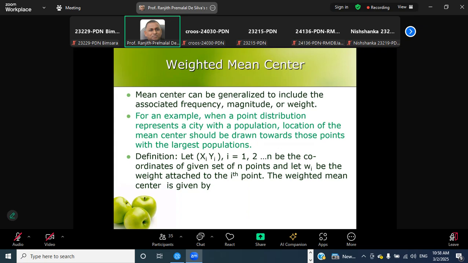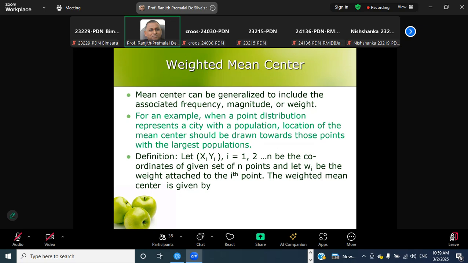Weighted mean center, which is associated with whatever frequency, magnitude, or weight that you have for each point. For example, when the point distribution represents cities with populations, the location of the mean center should be drawn towards those points with the largest population. So you take the population as a variable out of the total. The definition: let xi, yi, with i going up to n, be the coordinates of a given set of n points, and let wi be the weight attached to the ith point.